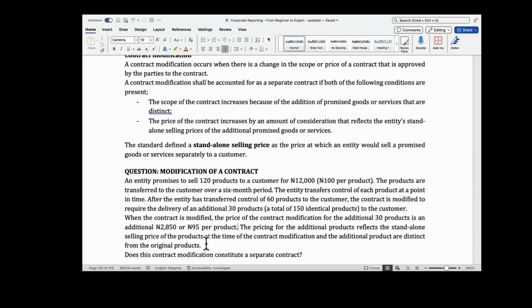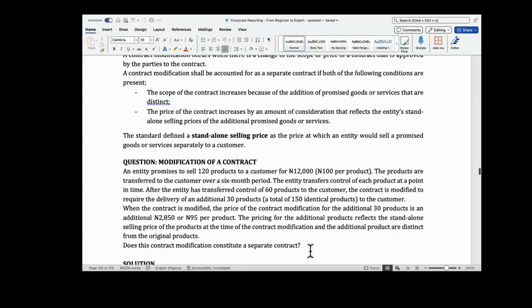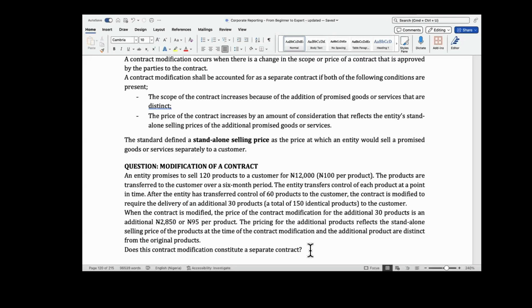Does this contract modification constitute a separate contract? So where does the modification enter now? Because this contract is that we want to sell 120 products to a customer at 100 naira per product, so 12,000 naira, over 6 months.